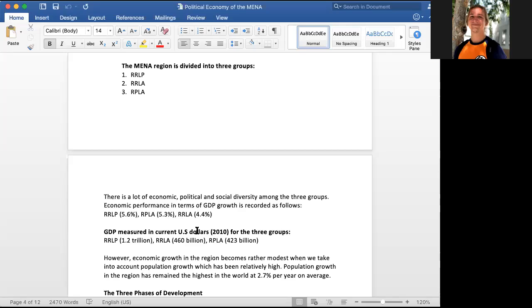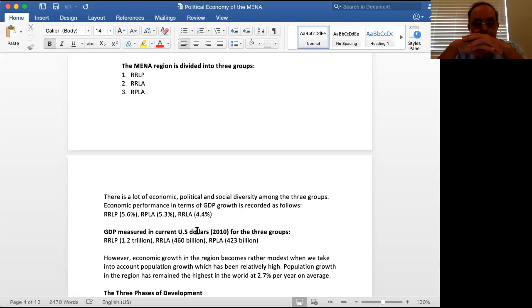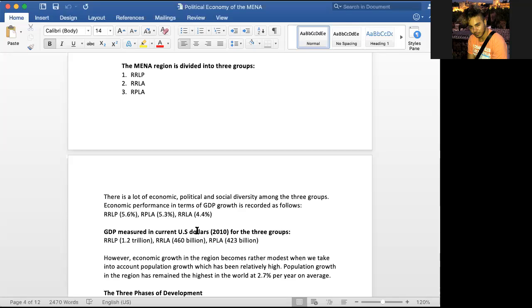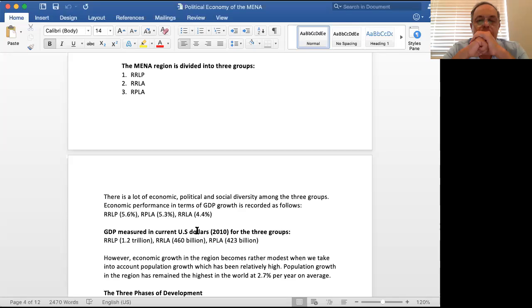Would it be small business formation and the formation of a middle class? Very good, that's one, absolutely. The resource-poor, labor-abundant were actually able to expand their economy a lot more by opening up the doors for private investors. In other words, their economies were more tuned towards a market economy rather than a socialist economy.